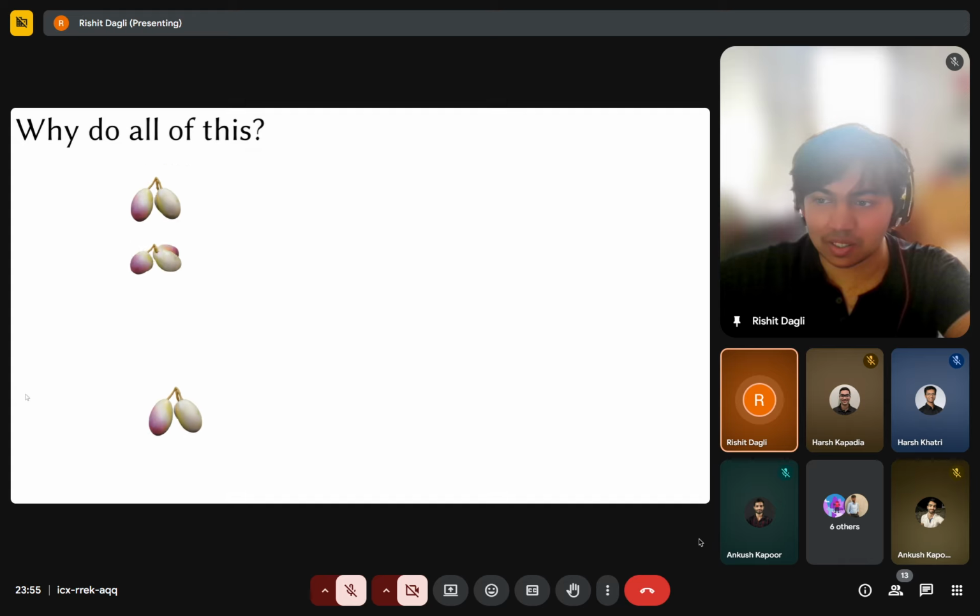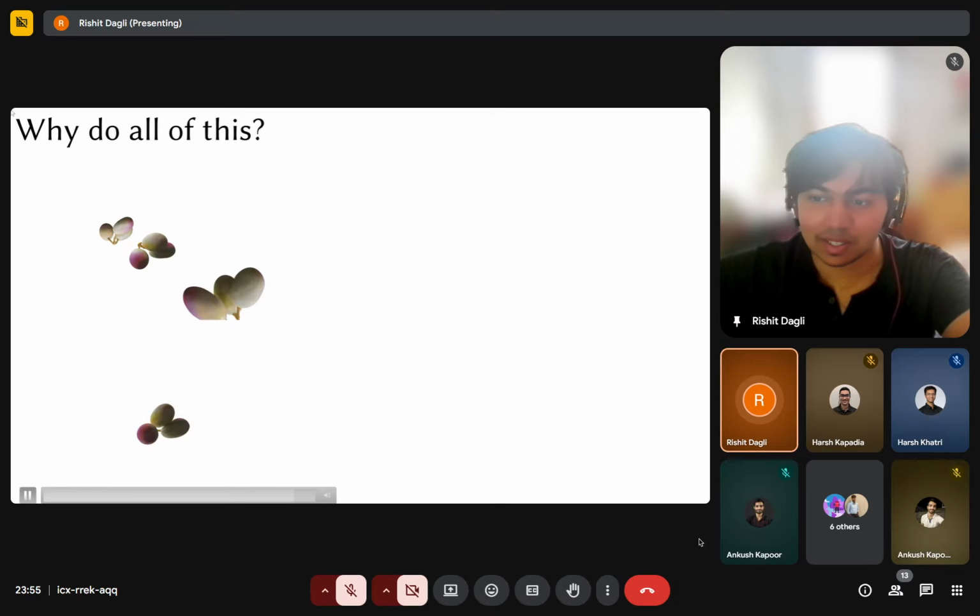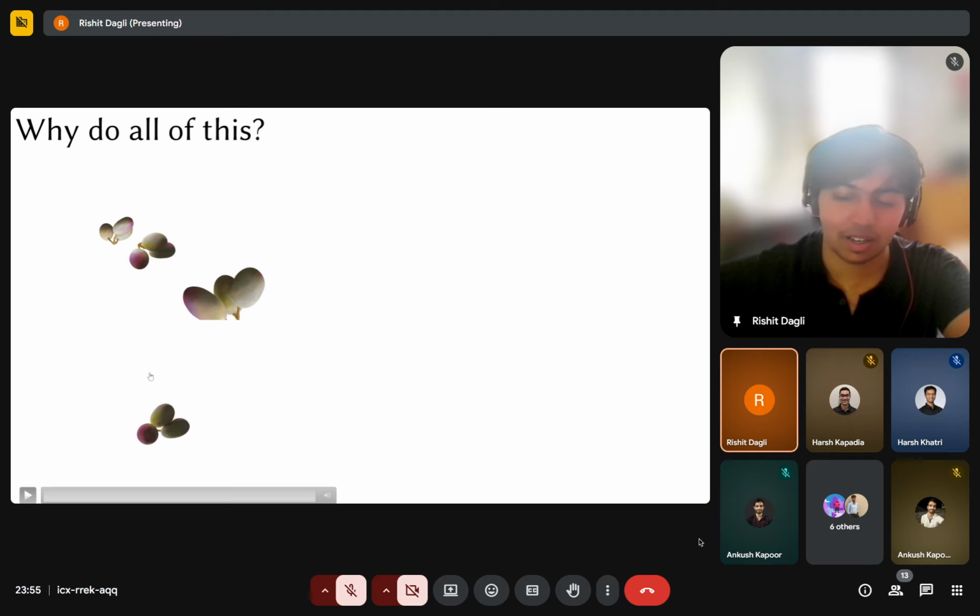I guess one of the reasons that you would want to do all of this is to get some capabilities that current video models can't really do, and some kind of control that current video models can't do. In this case, this was actually a grape that I took a photo of myself, and then I put in one grape falling on the ground or three grapes falling on the ground.